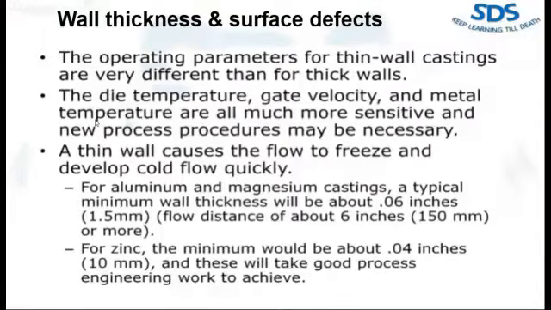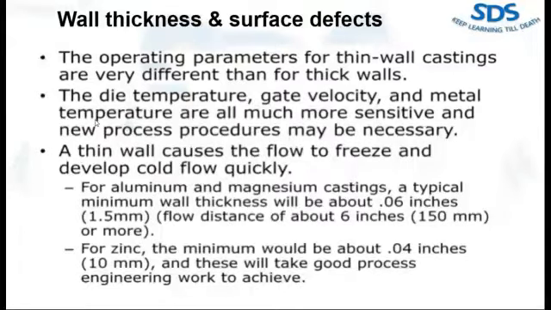This is because the liquid metal is getting cooler as it flows into the die cavity. It's a very simple logic to correlate how the wall thickness is related to casting surface defects. When it loses too much of its heat, surface defects are the result.